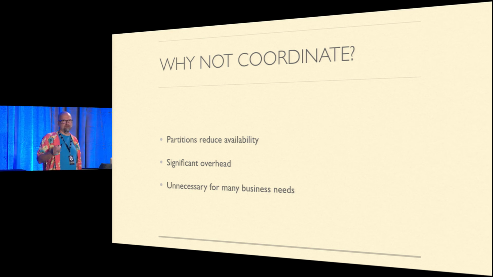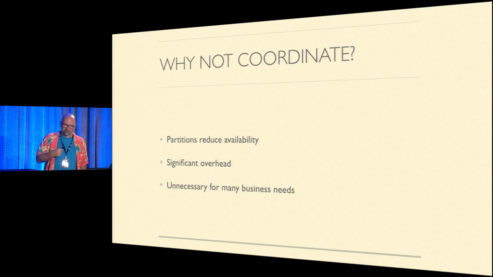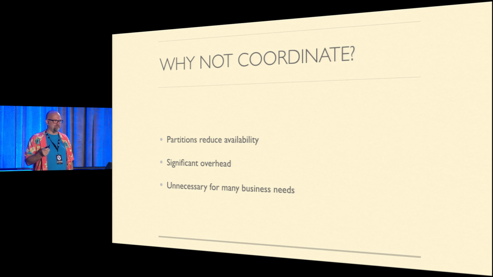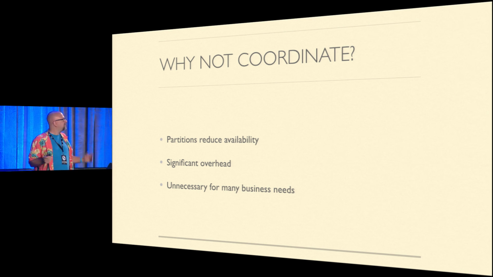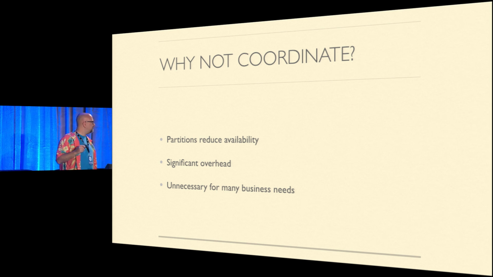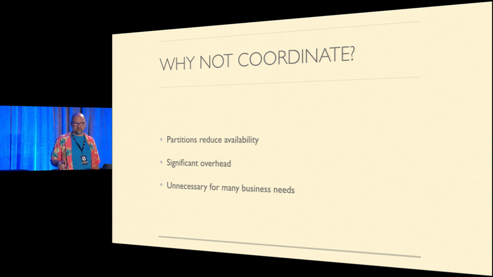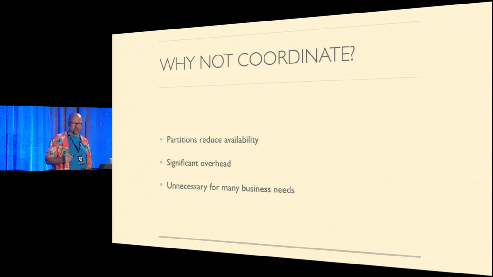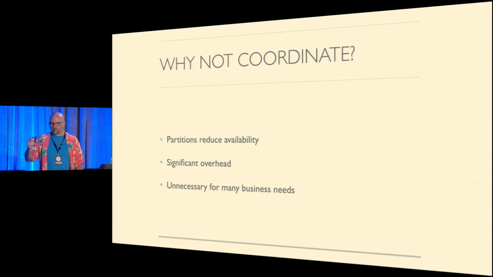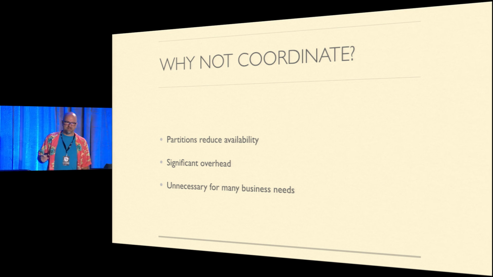I've grown up in a world where relational databases dominate data storage, right? You throw Postgres or MySQL or Oracle at a problem and your problem is solved. But the truth of the matter is that for a lot of big data uses, you don't actually need strong consistency. You don't need to know at every moment in time exactly what the canonical version of this piece of data is.